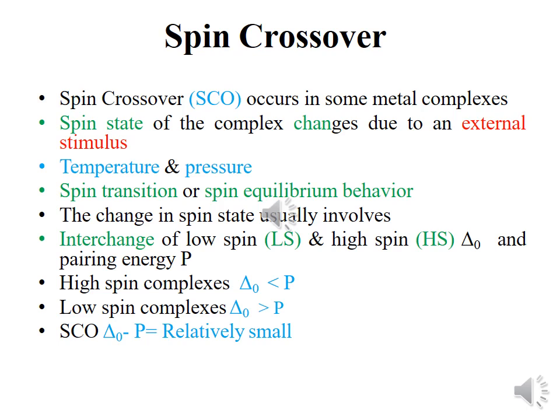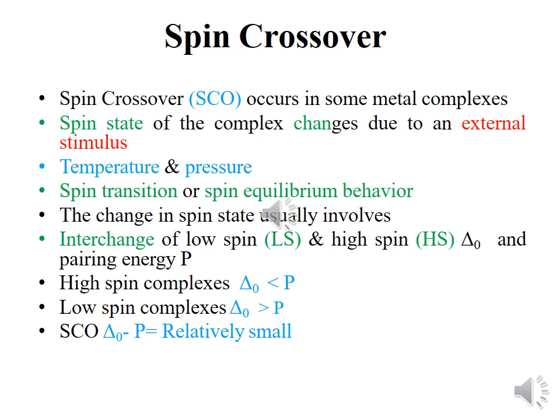The change in spin state usually involves the interchange of low spin and high spin complexes, and the pairing energy is represented as P. Here del O is represented as the crystal field splitting energy and P is the pairing energy.